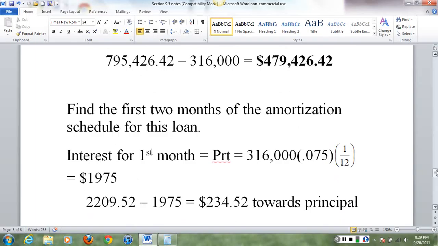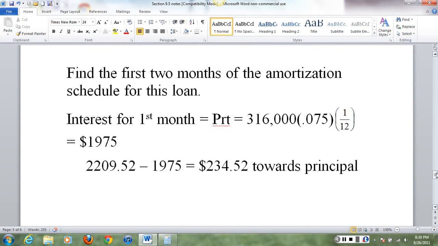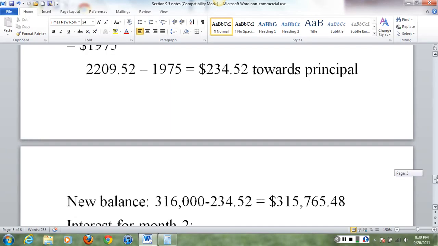And again, here's the example of the amortization. The interest for 1 month is $1,975. So from that $2,200 payment, $1,975 goes towards interest, which means now we have $234 towards principal.